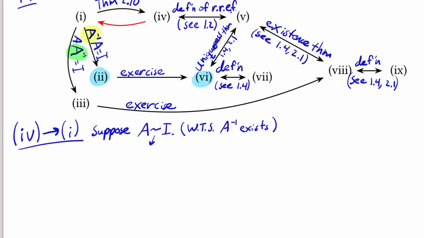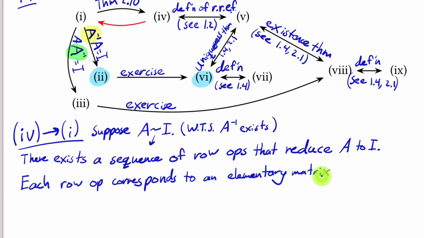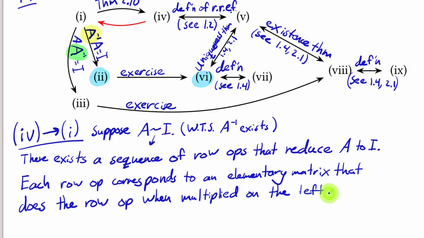Now, if A is row equivalent to the identity, there's a sequence of row operations that reduce A to the identity, and each of those corresponds with an elementary matrix. And we know that multiplying A by these elementary matrices on the left will do that row operation to A.